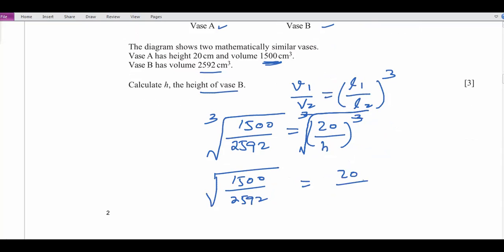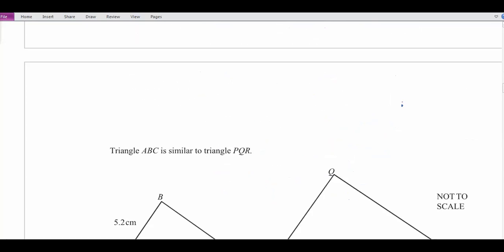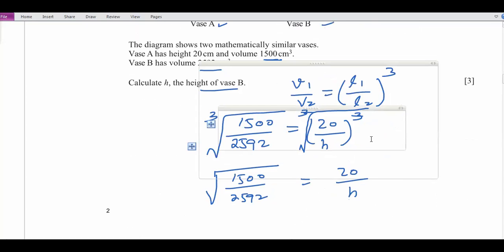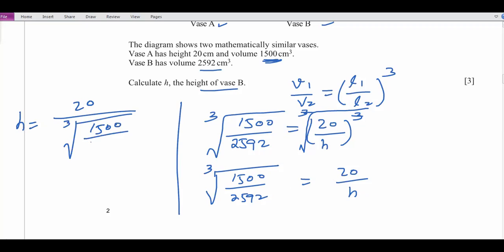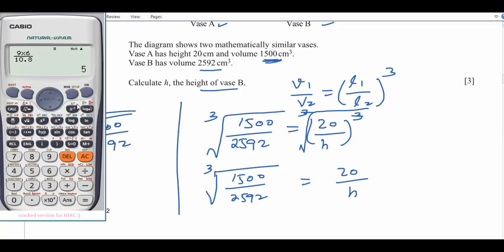And this one will be 20 over H. Now, take H to the other side and bring it to this side. You will have this result here now: 20 over the cube root of 1500 over 2592.